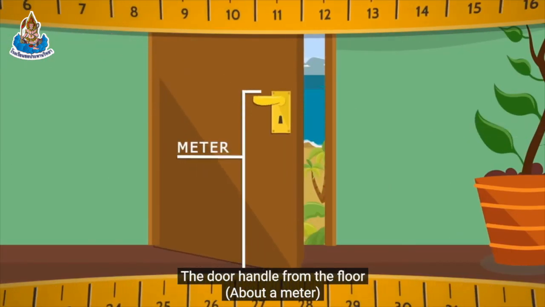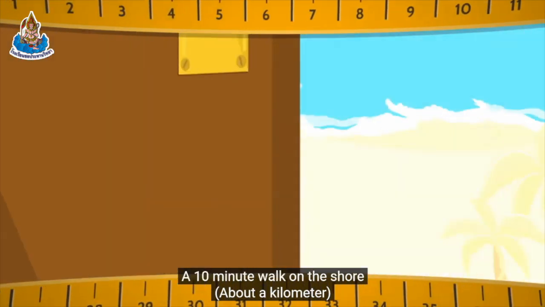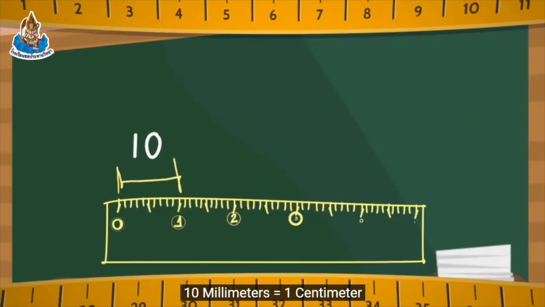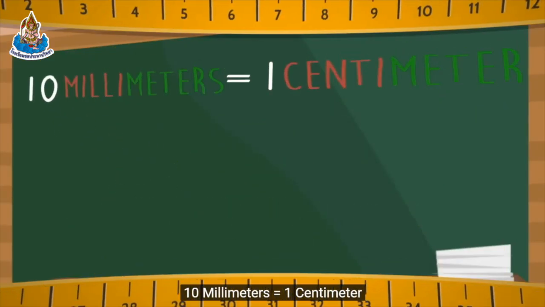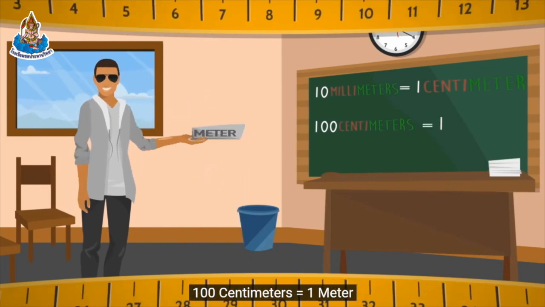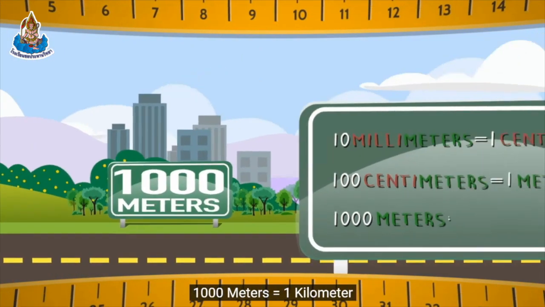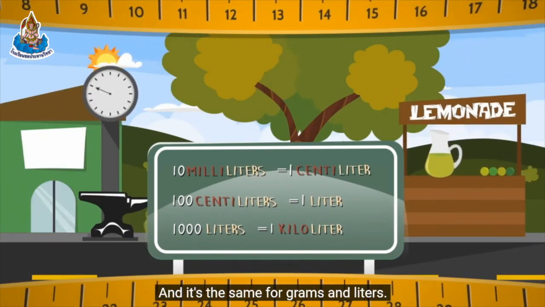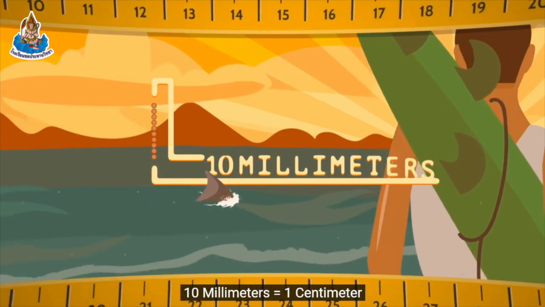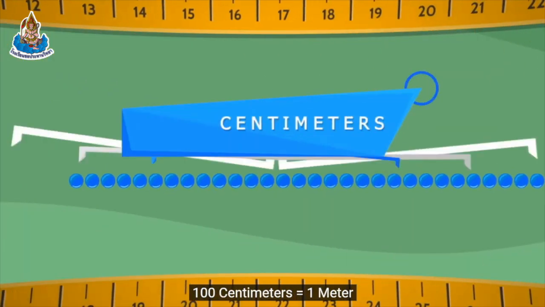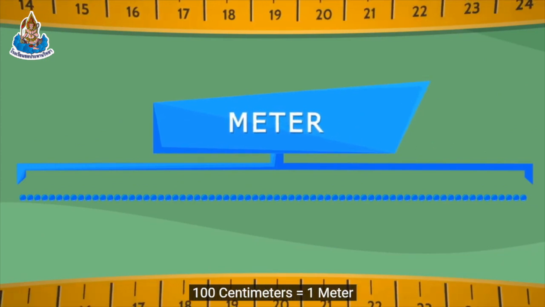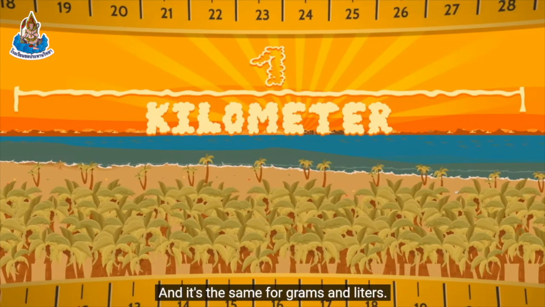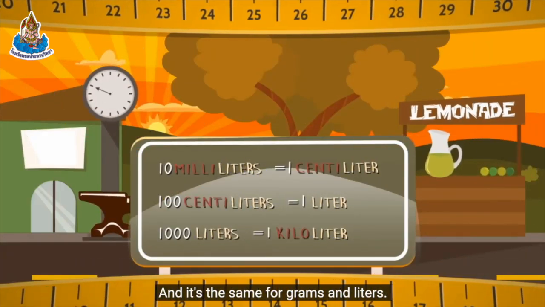Your head from the floor, a 10-minute walk on the shore. 10 millimeters, a centimeter, 100 centimeters, it's a meter, 1,000 meters, that's a kilometer, and it's the same for grams and liters.